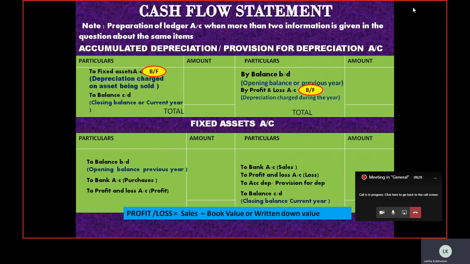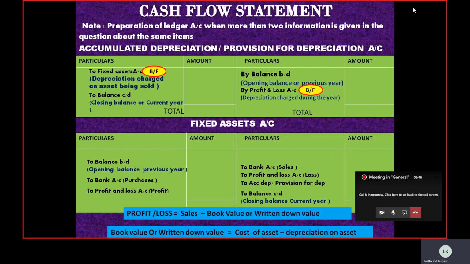In such a situation, as we have already studied, we can use a formula to calculate it. The profit and loss is equal to sales minus book value or written down value. So children, let us understand what book value or written down value is, though we studied this in class 11. Book value or written down value is equal to cost of asset minus depreciation on asset. When we charge depreciation every year out of the cost of the asset, the value of the asset gets reduced.